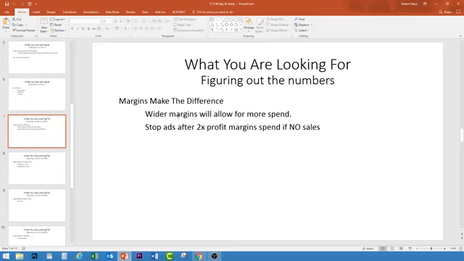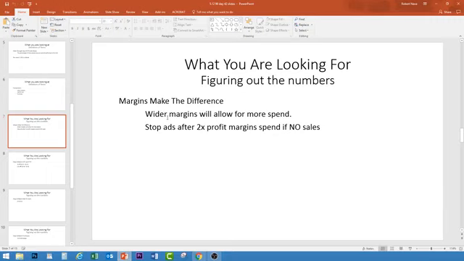If you have a necklace that you're buying from AliExpress for, say, $2, and you're selling it on your store, maybe free plus shipping for $5.99 or something like that, so $6, you got $4 margins. You could spend $4 and not get any sale, or maybe you could spend $3 and get a sale, and that will make you $1.